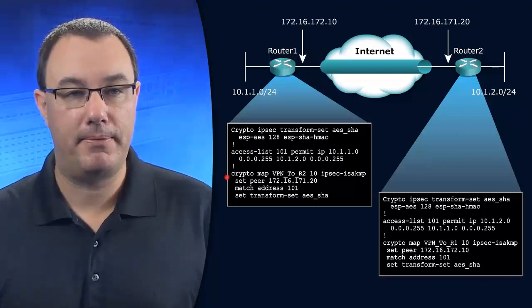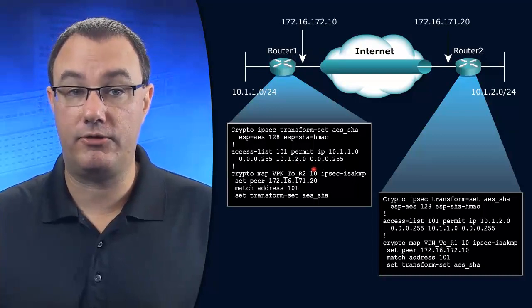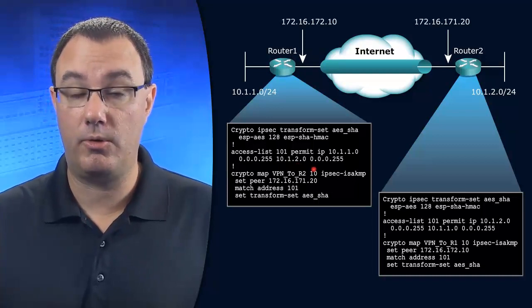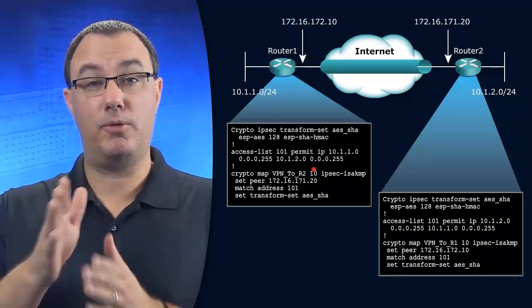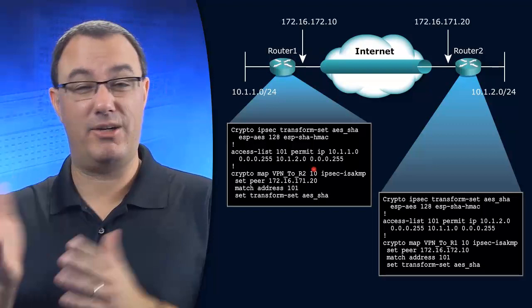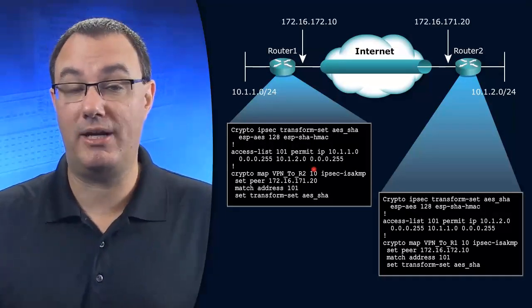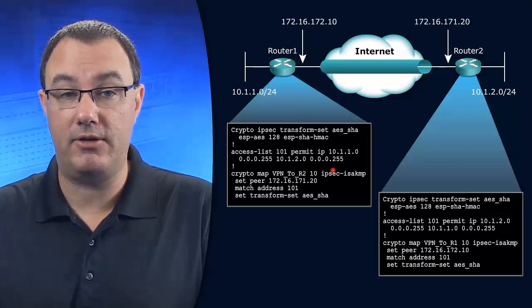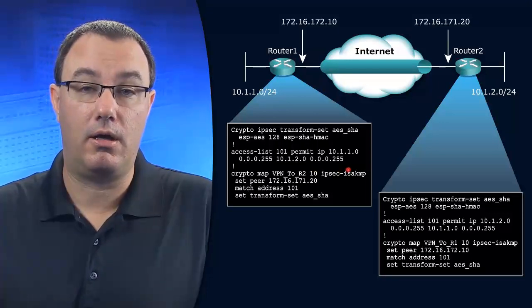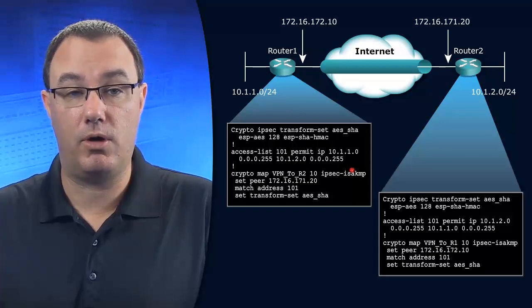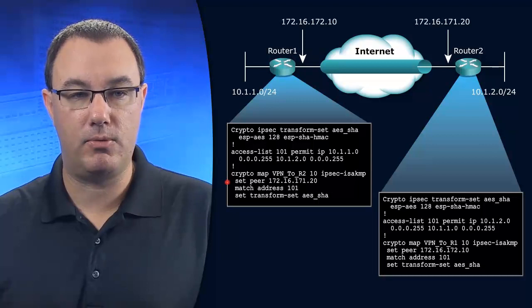The crypto map has a name. It has a sequence, because what if this interface had to terminate multiple, like it was hub and spoke and you had to point to the other spokes? So what you can do is you can have different sequences. And this crypto map is for IPSec. We set the peer, the far side IP address.